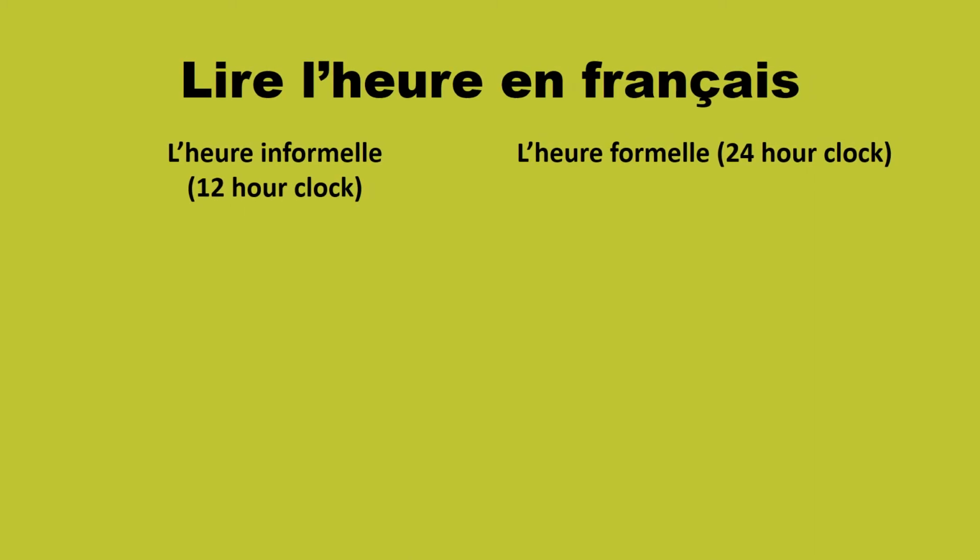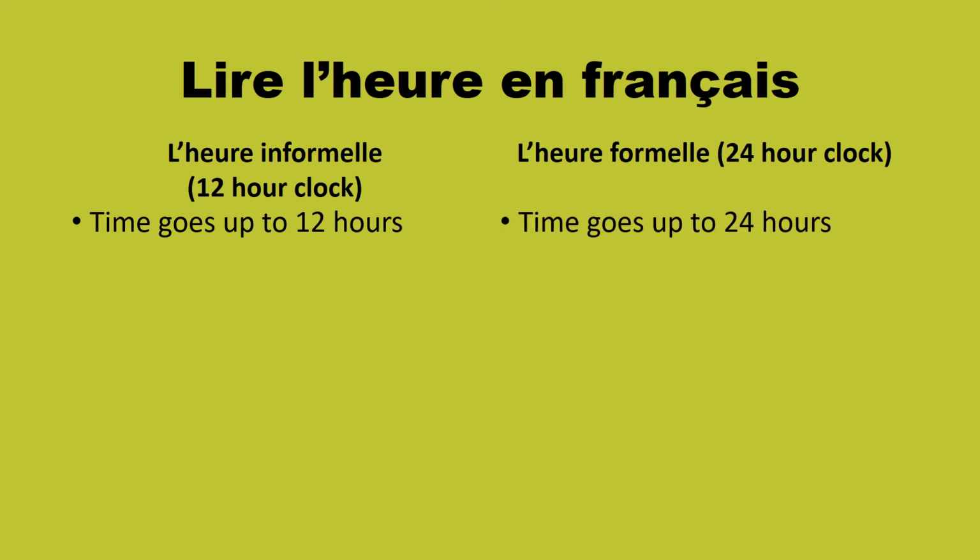Here's a table showing the differences between the 12-hour clock and the 24-hour clock. So you will see on the left the 12-hour clock and on the right the 24-hour clock. With the 12-hour clock, of course, the time goes up to 12 hours, whereas for the 24, up to 24 hours.